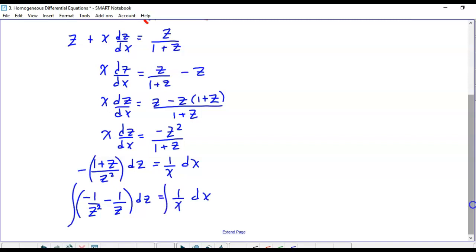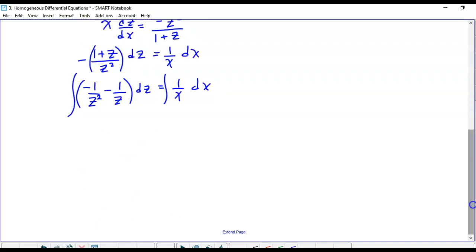Integral on that. Okay, so negative 2 plus 1 is negative 1. So that's going to be positive 1 over z minus ln of z equals ln of x plus c. Okay, now your point is 1, 1, but we're in terms of x and z here.